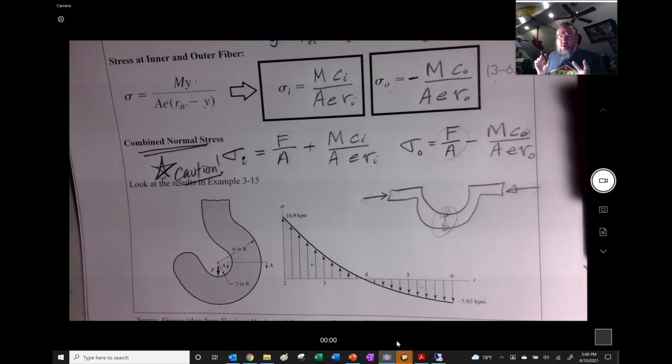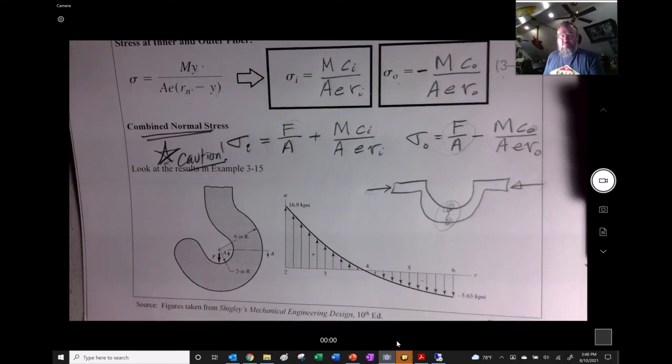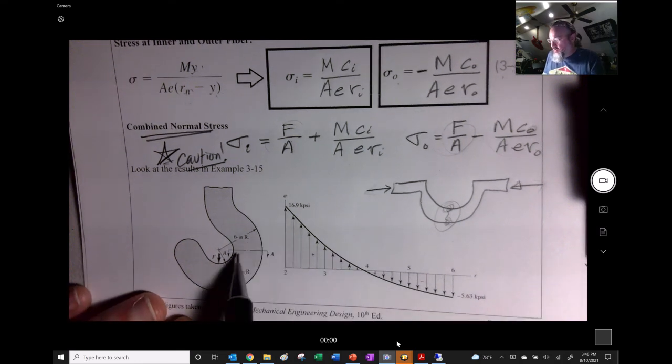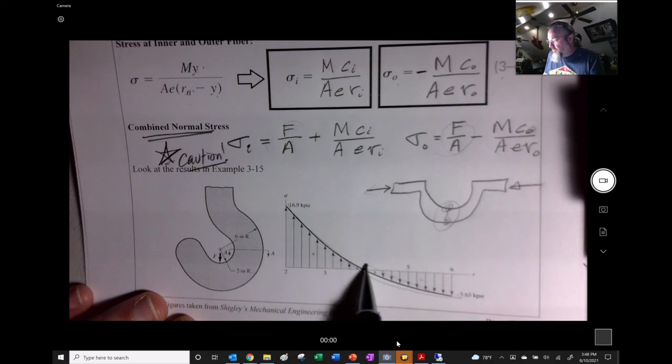Now remember from class 2, we talked about having axial as a uniform distribution, and bending had a linear distribution, but it doesn't here. In this case, it has a hyperbolic distribution of stress. And you can see it from the results of this example that it has this type of shape.